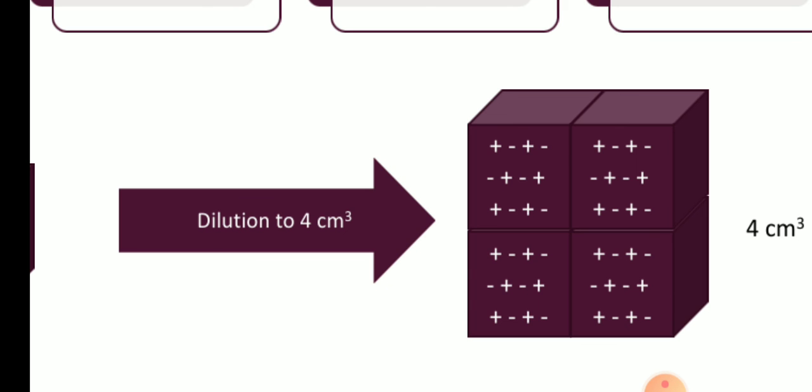Though its volume increases from 1 centimeter cube to 4 centimeter cube, it still has 1 gram mole of electrolyte, so the conductance K multiplied by 4 is equal to molar conductivity or molar conductance.